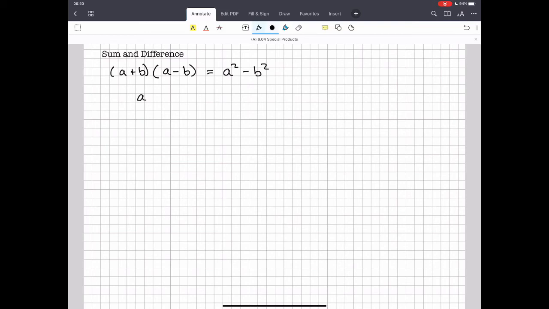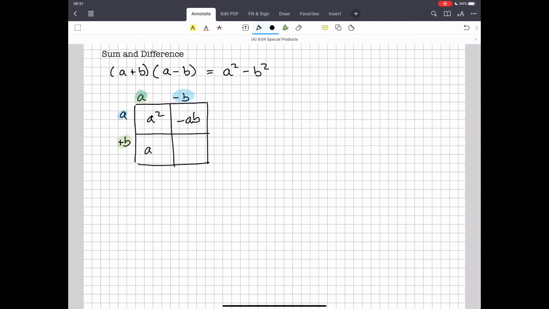So we've got a minus b, a plus b. So with our a times a, we have a squared. A times negative b is negative ab. We go down to the next row. We've got positive b times a.